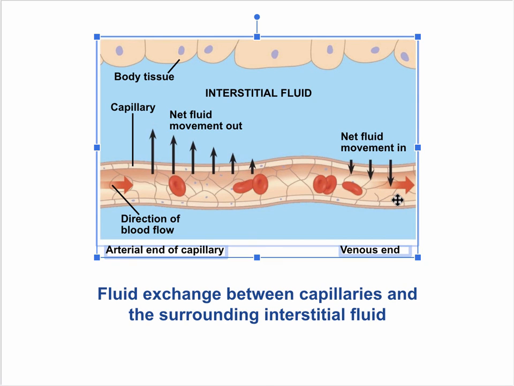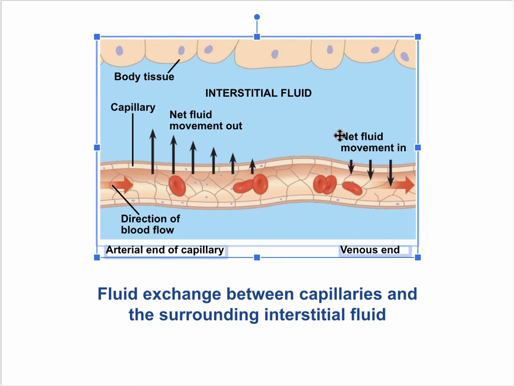This is exactly what we want to happen. So we get bulk movement of the nutrient-rich fluid in our blood spilling out as the blood enters the capillary. And as the blood is about to leave the capillary, go back into a vein to return to the heart, some of that liquid comes back into the vessel, into the capillary.